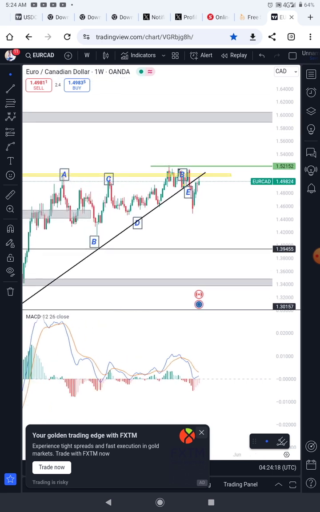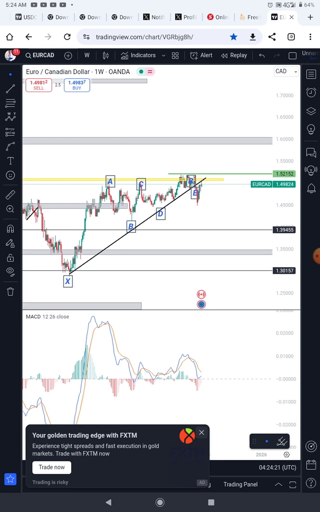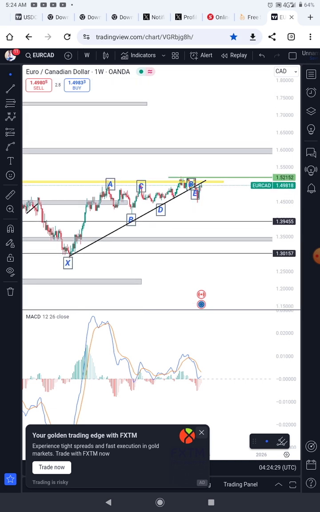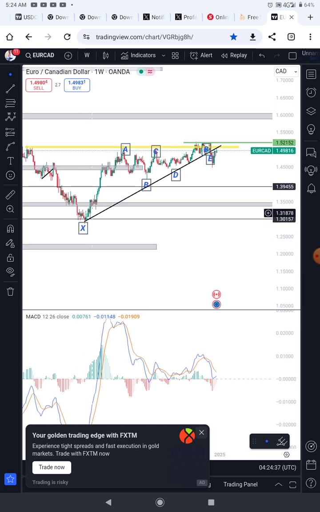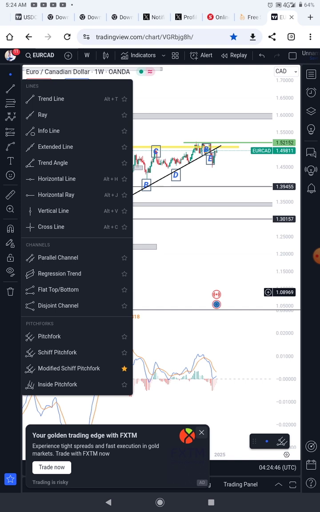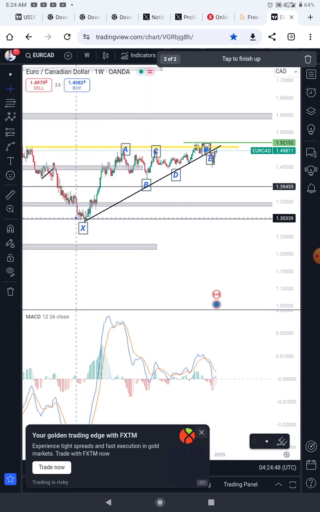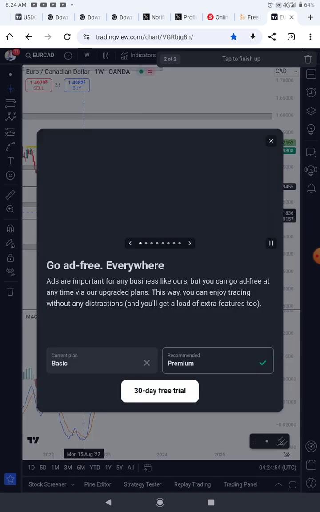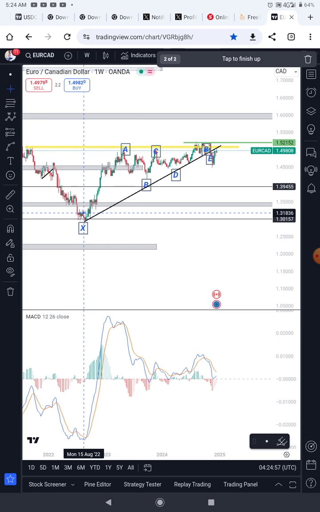I think we'll have to give Eurocard some time, but from my own point of view, there's this downtrend, this trend line that has been holding Eurocard since the upper quarter of 2022.